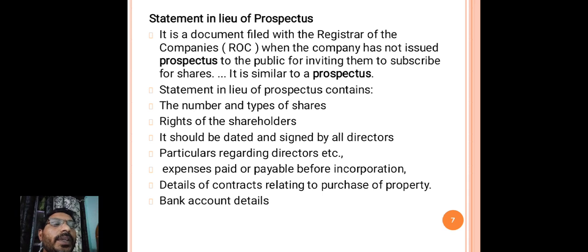There will be some expenditure in regard to purchase of assets, or some expenditure incurred for the promoters. Those expenses are mentioned in the prospectus, and similarly in the statement in lieu of prospectus.